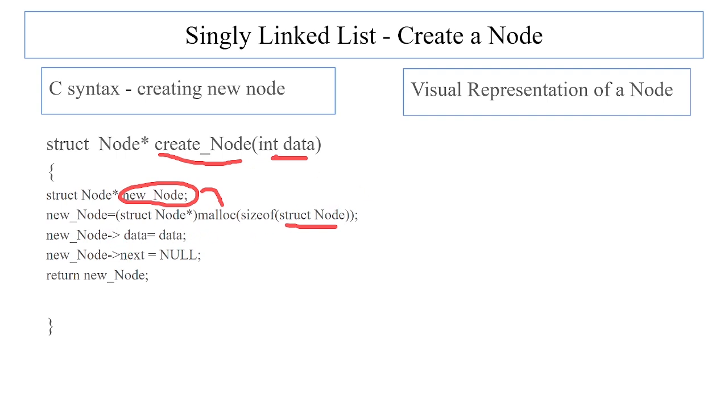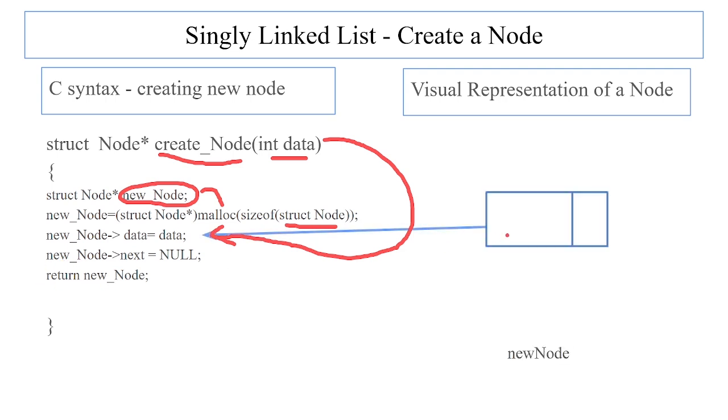Whatever we receive from the argument, we assign to the new node's data. Similarly, we assign the new node's next field as null, and finally we return the new node. So you can see here the data field is connected to the new node, and the null pointer is connected with the new node's next field.